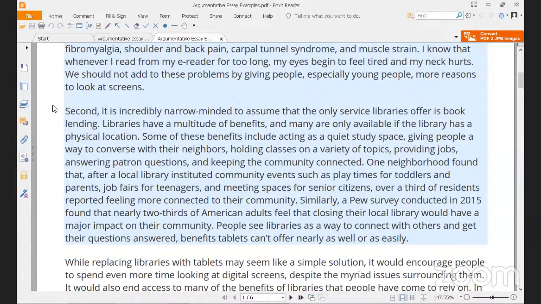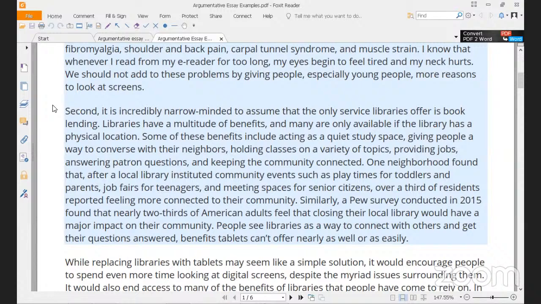Okay. Second, it's incredibly narrow-minded to assume that the only service libraries offer is book lending. Libraries have a multitude of benefits, and many are only available if the library has a physical location.